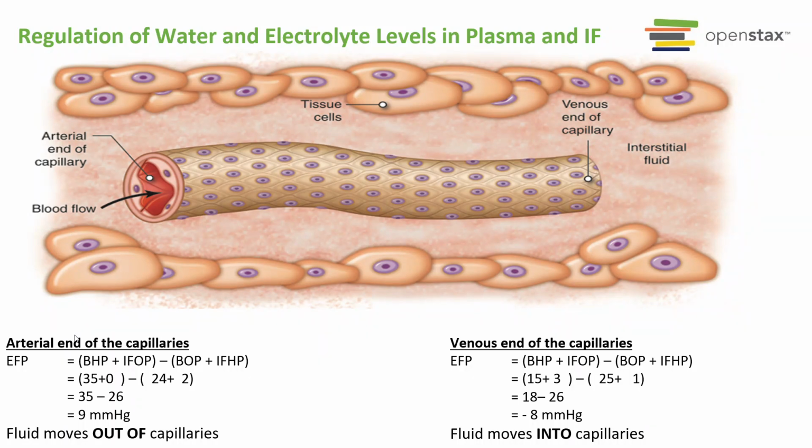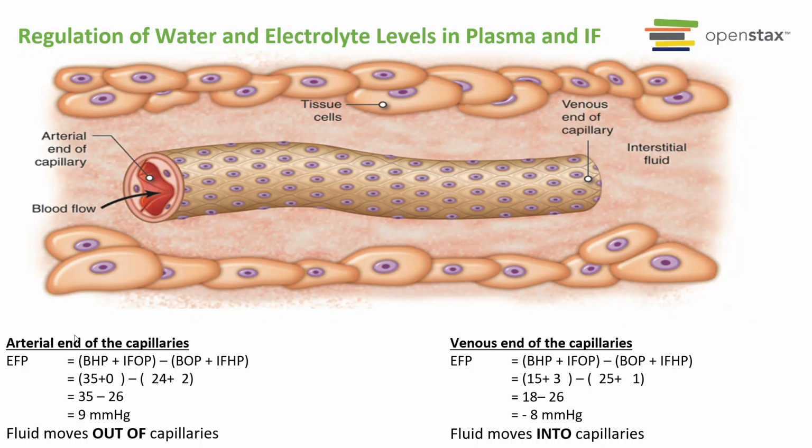You will recall that the interstitial fluid colloid osmotic pressure tends to be quite low, close to 0, and therefore it's really relying on that BHP, or that blood hydrostatic pressure, to be very high. A very high blood hydrostatic pressure at the arterial end of the capillaries is what is going to facilitate the movement of fluid out of the capillaries.